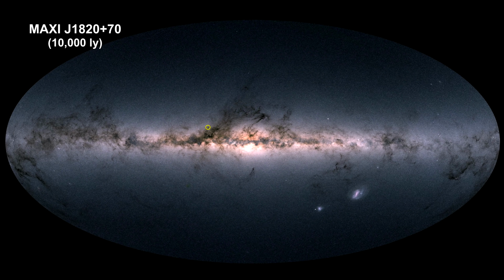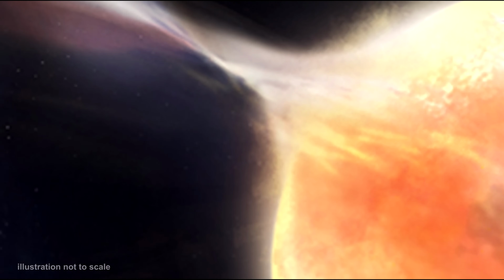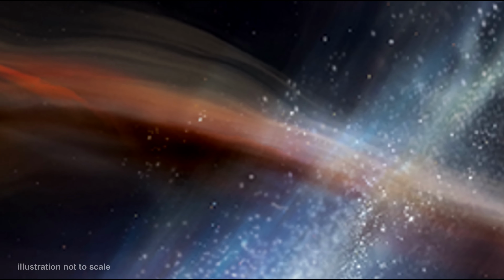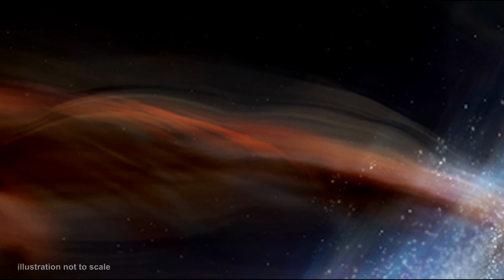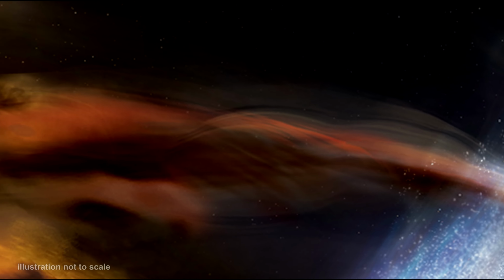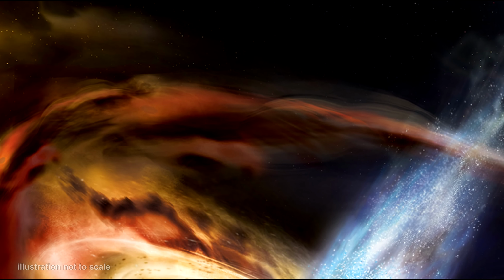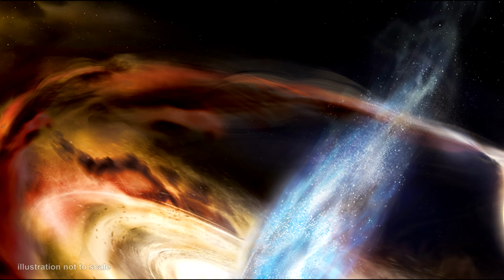In addition, the Gaia mission was able to locate the X-ray source companion star and determine its distance at 10,000 light-years. Analysis showed that the X-ray object is a black hole with a mass of around 10 suns. The X-rays are generated as matter from the star feeds the accretion disk around the black hole.